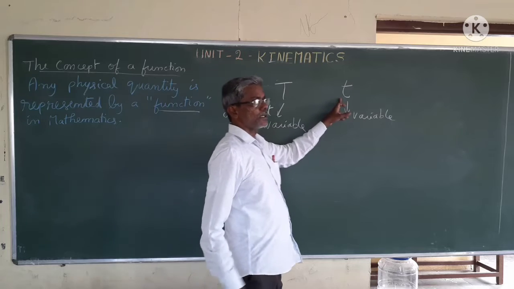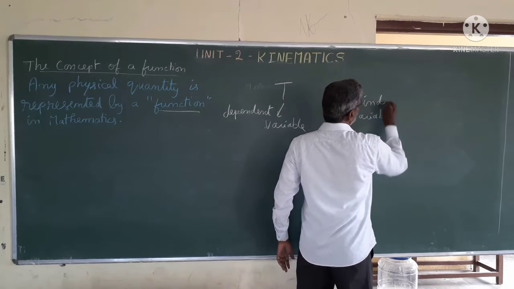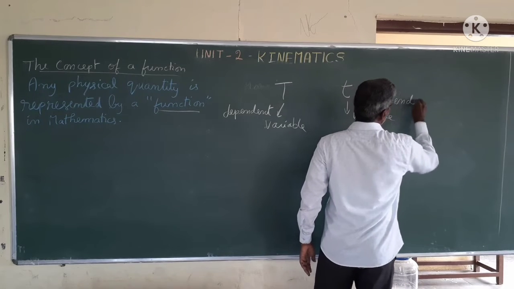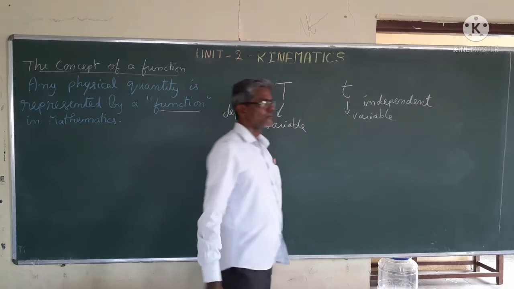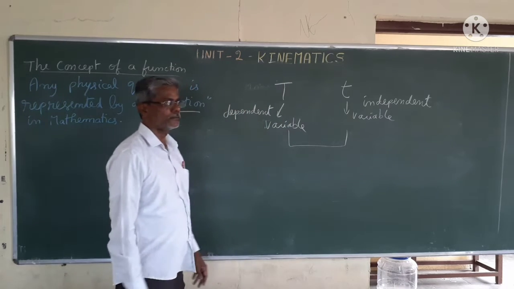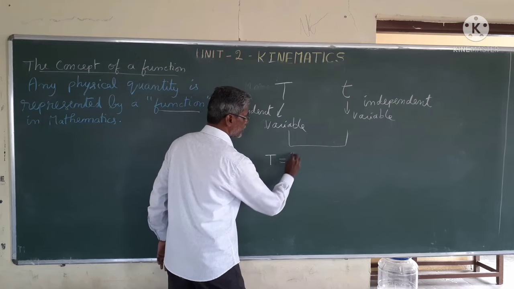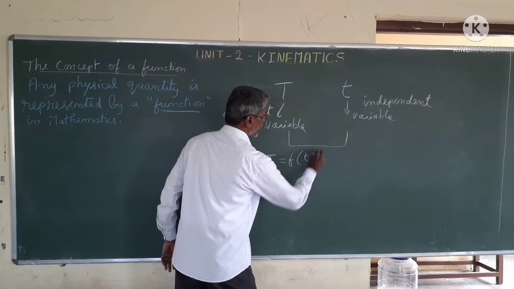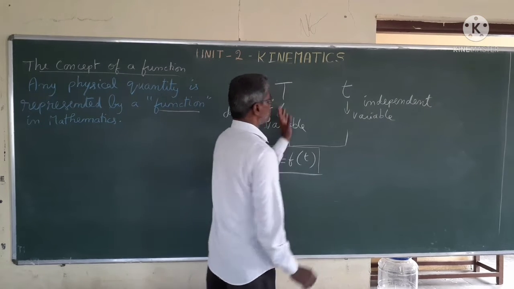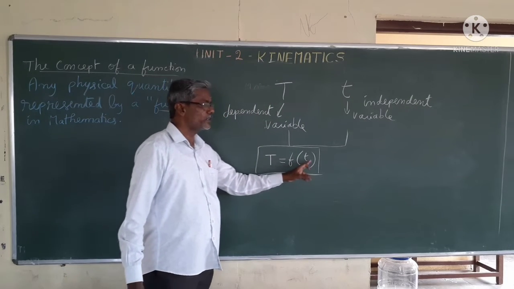This time doesn't depend on temperature, so I can call it the independent variable. If I relate these two physical quantities, I can write temperature is equal to function of time. I can relate these two variables, that is, temperature is equal to function of time.